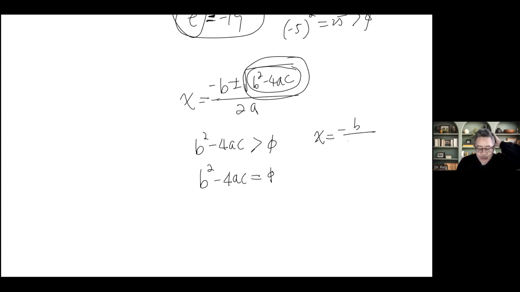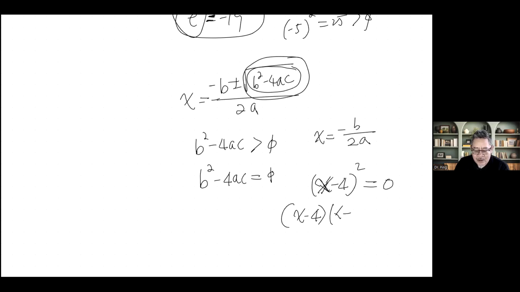And this is something we call a double zero. This will happen because, for example, x minus 4 squared equal to 0. Then we learned before this is x minus 4 times x minus 4 equal to 0.